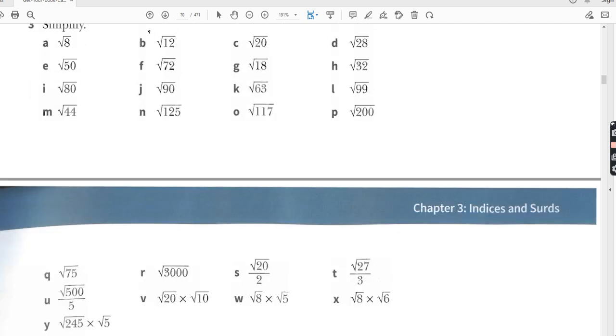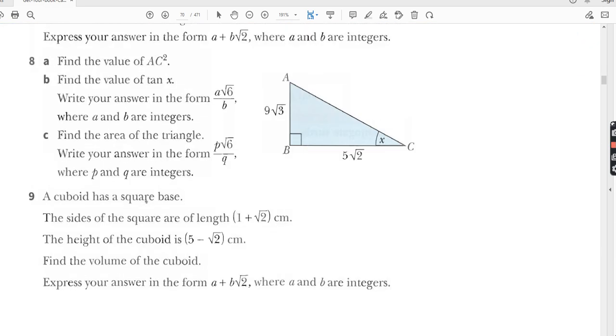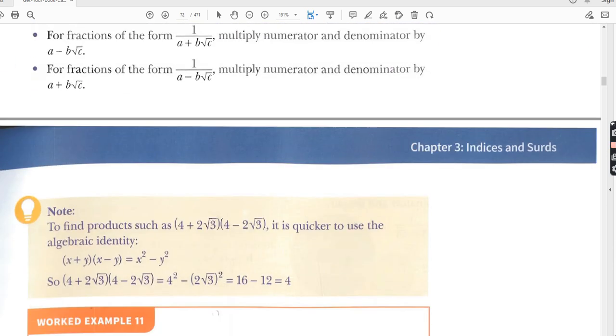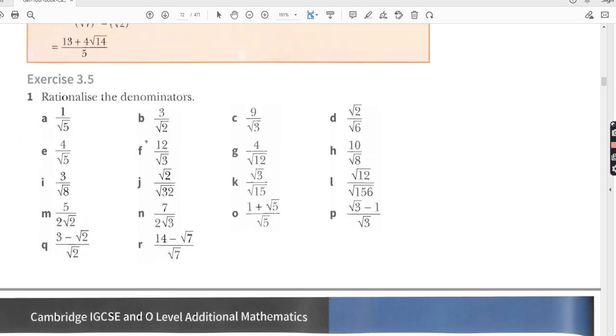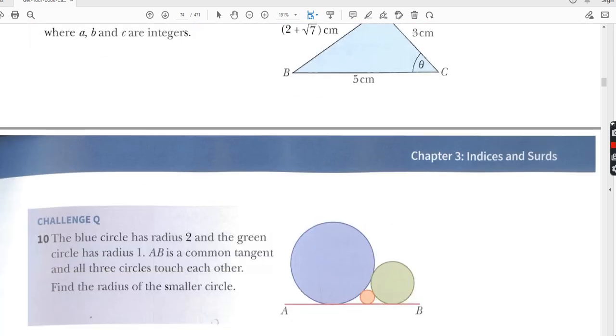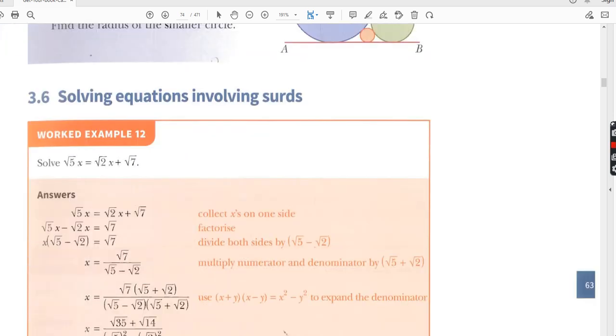Next is exercise 3.5, which we will do in the next lecture: rationalizing the denominator of a fraction. It's a very easy exercise. How many questions? 1, 2, 3, 4, 5, 6, 7, 8. 8 questions.